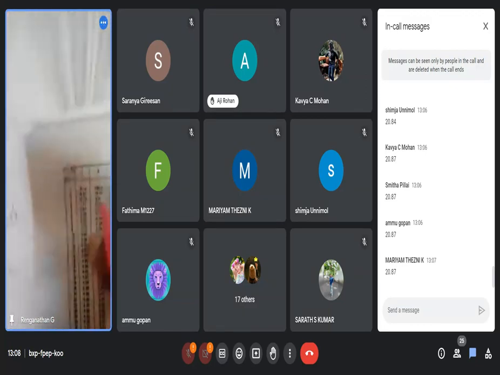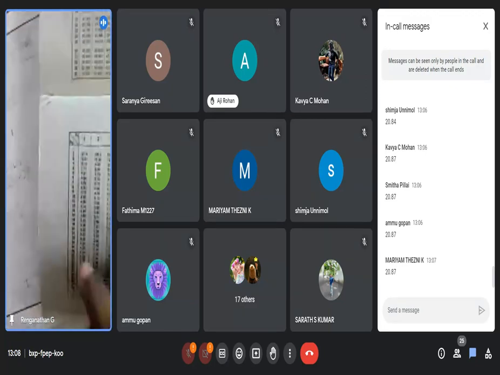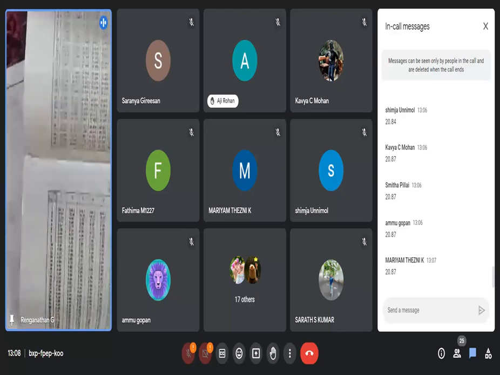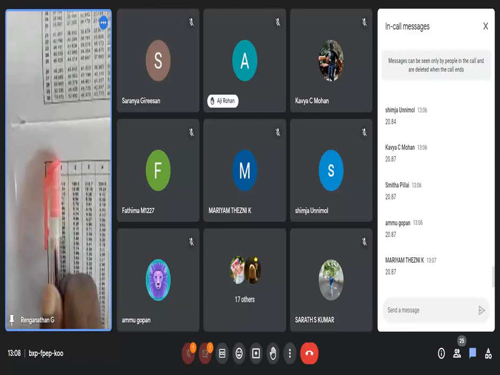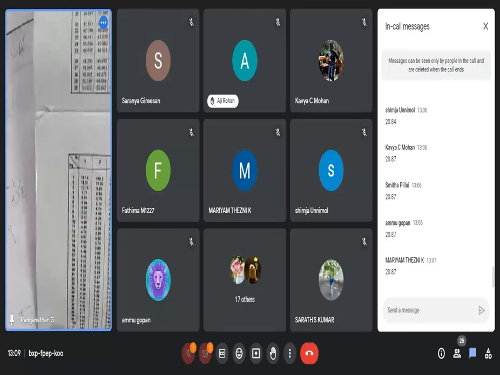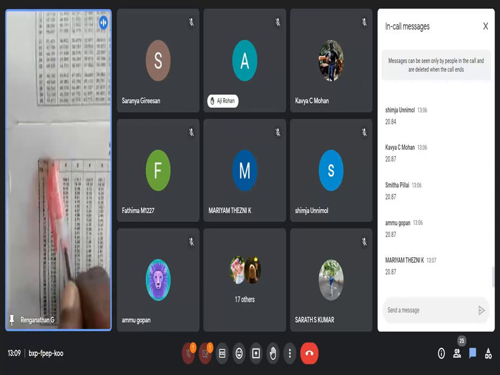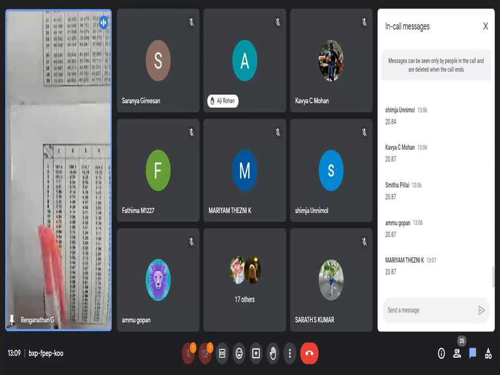In this table, in the top left-hand corner, you can see N1 and N2. N1 spreads horizontally, and N2 goes vertically. Our N1 is 1, so in the corresponding column, N2 is 8.